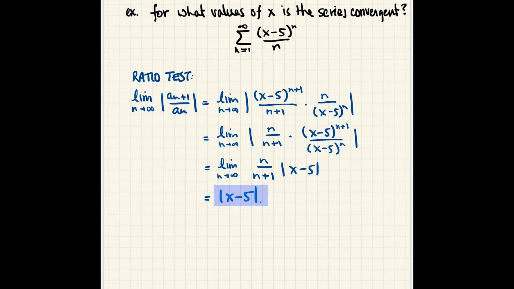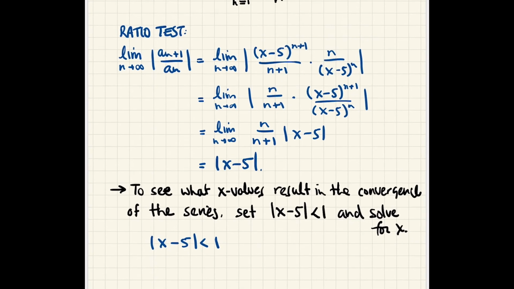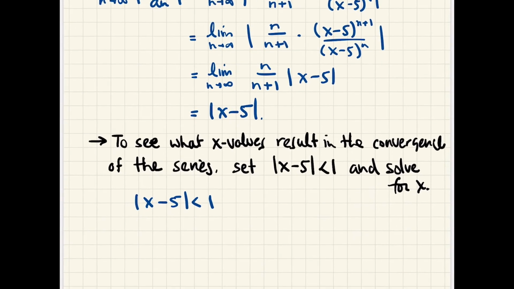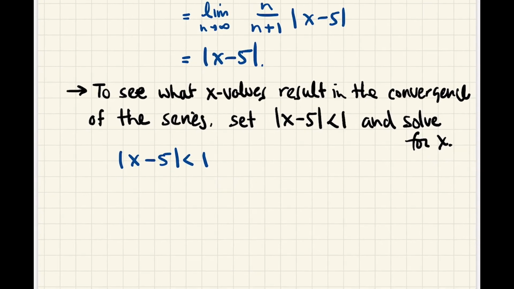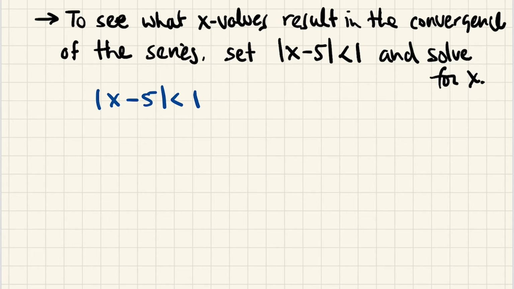We're going to make that assumption, and then we're going to see what restrictions that imposes on x in order for this reality to be true. So we're setting that quantity to be less than 1 because that's the outcome for which we could conclude that the series is convergent from the ratio test.